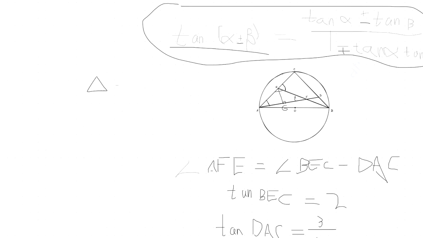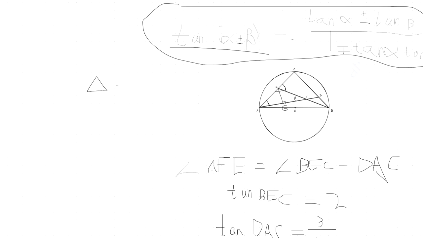And by similar triangles we get that AG is 2/5 AC, and EG is 3/5 AC. I mean, no, 3/10. Okay, just assume that that's a 10.